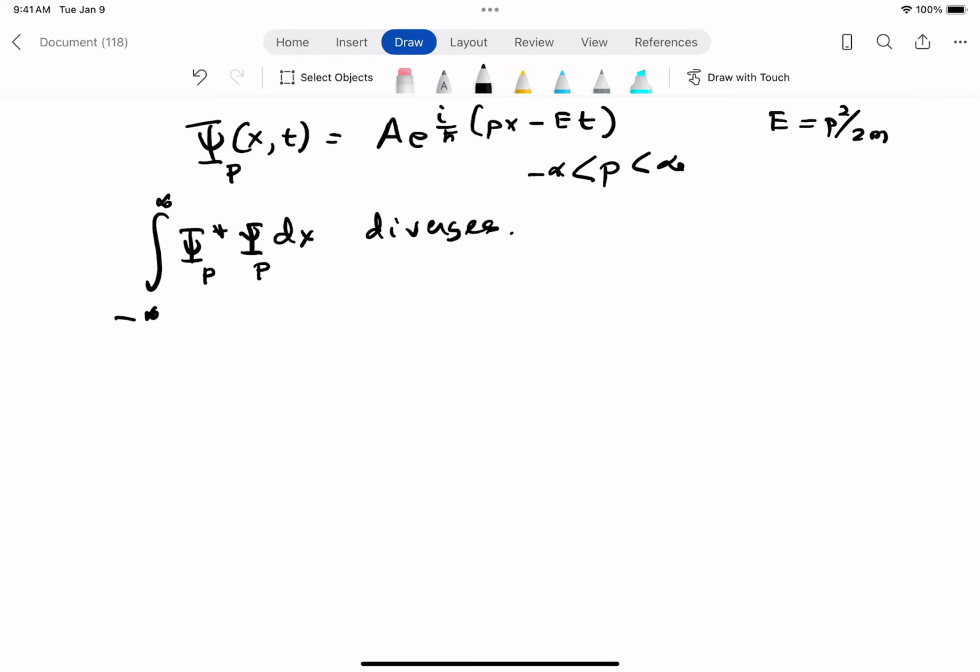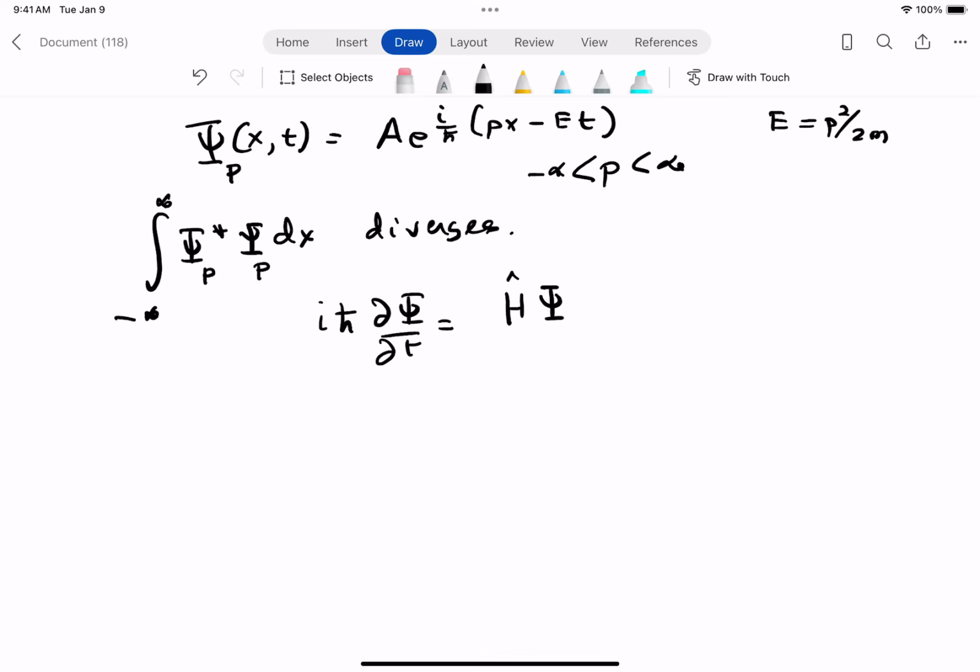Now the most general solution can be obtained by superposing these solutions for each p. Why is that? We've discussed in class that the Schrodinger equation is a linear equation. So i h bar del psi del t is equal to H psi, H being the Hamiltonian operator.